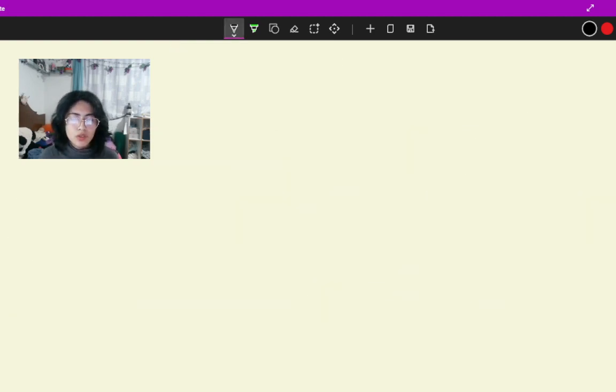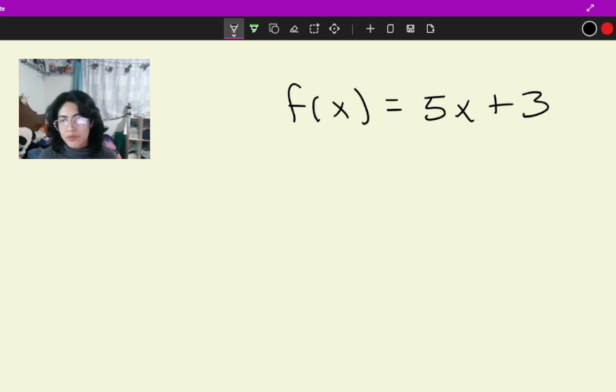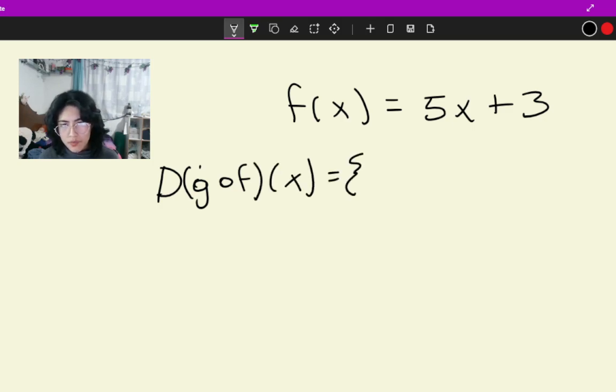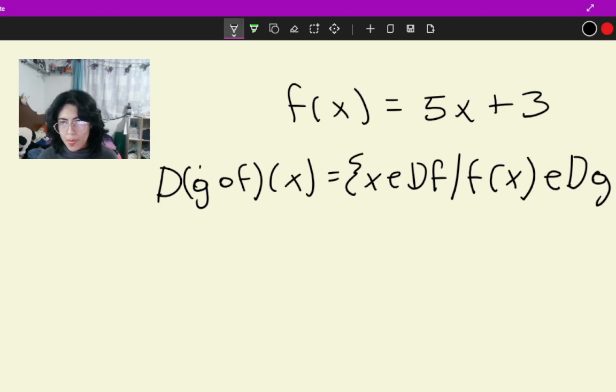Remember the value of f of x is 5x plus 3, and the domain for g of f of x equals the set of x in the domain of f such that the absolute value of f of x is in the domain of g, close the set.